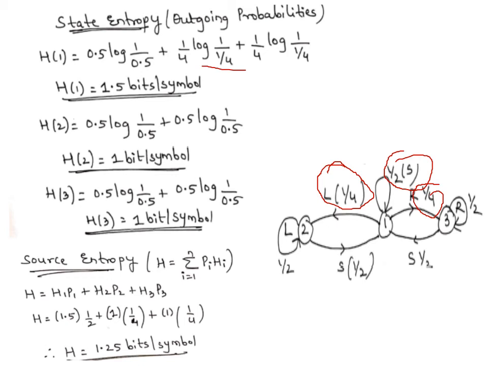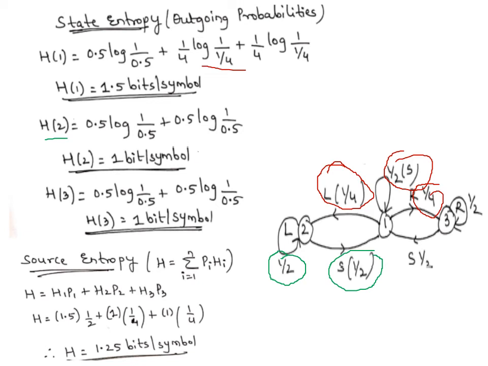Similarly, entropy at state 2. The outgoing probabilities at state 2 are 1 by 2, 1 by 2. Therefore the equation is 0.5 log of 1 by 0.5 plus 0.5 log of 1 by 0.5.